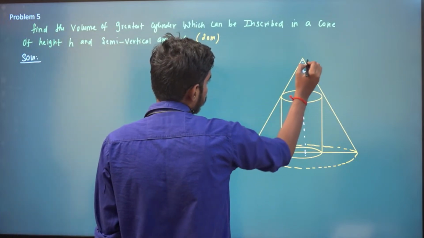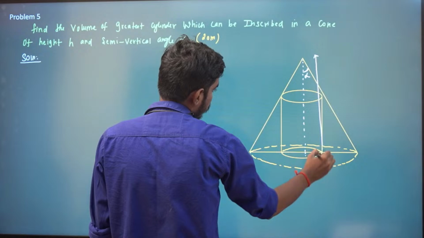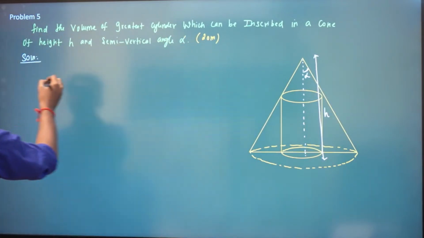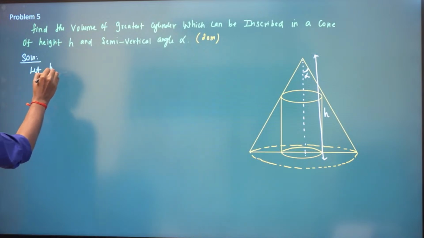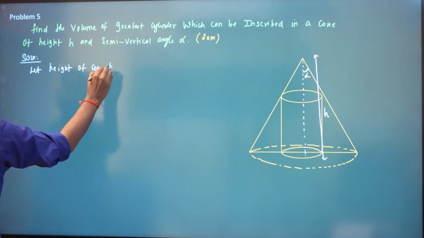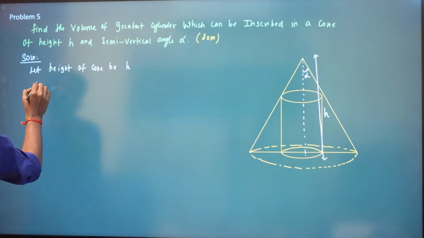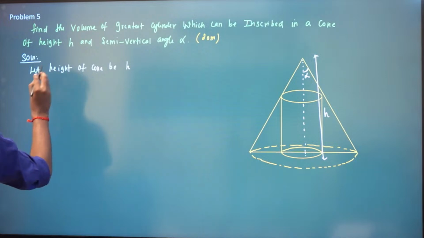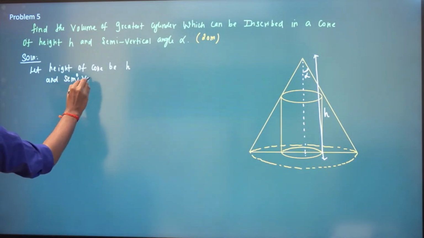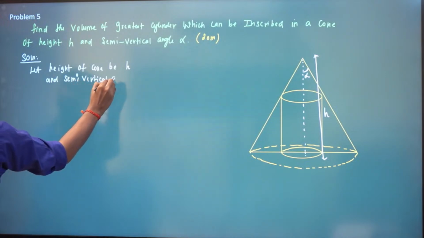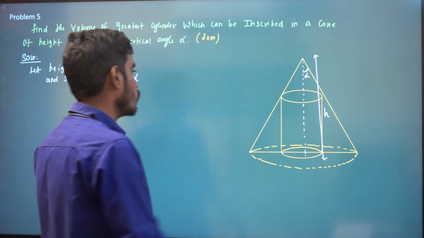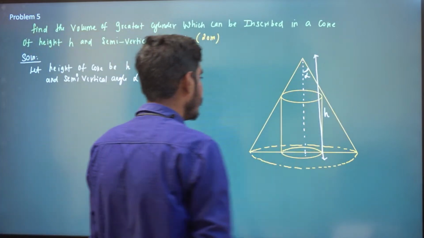Let the height of the cone be h, and the semi-vertical angle be alpha.